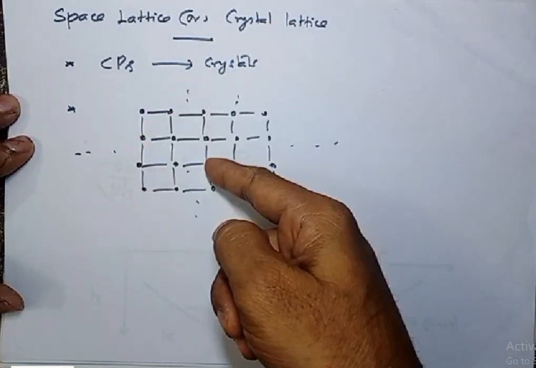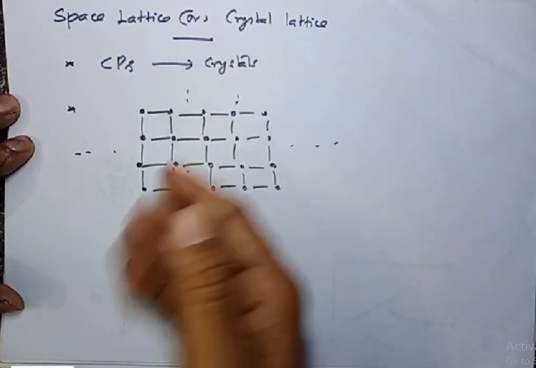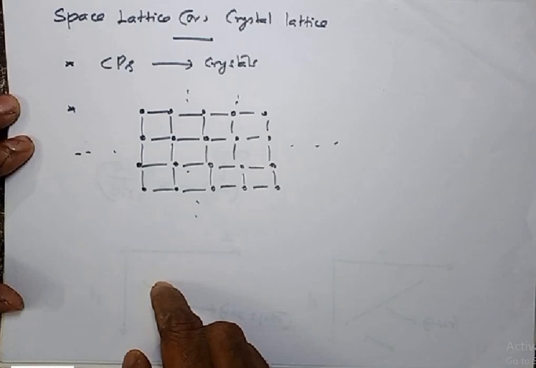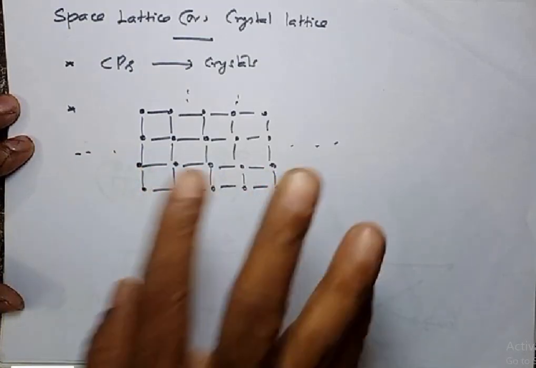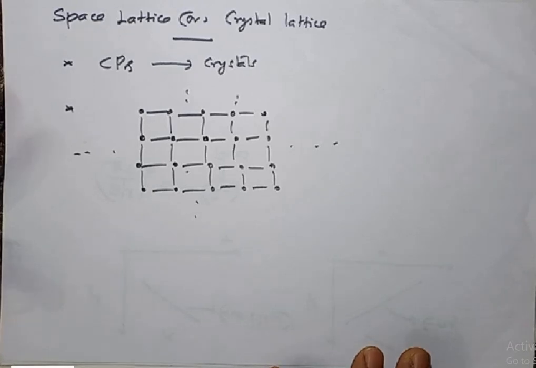So this is a layer; below this, you keep another layer, another layer, and connect the upper layers with the downward layers, the adjacent layers, using straight lines. If you connect it in this form, we will get a big building block. That building block is what we call a crystal lattice or space lattice.